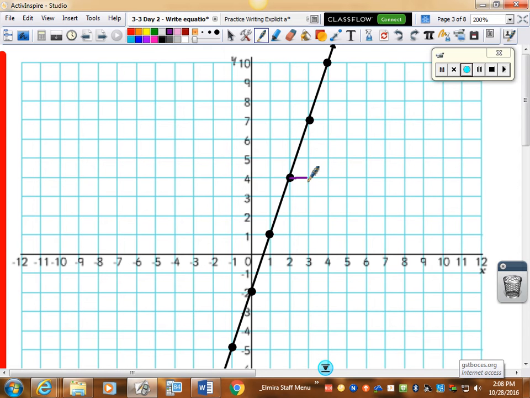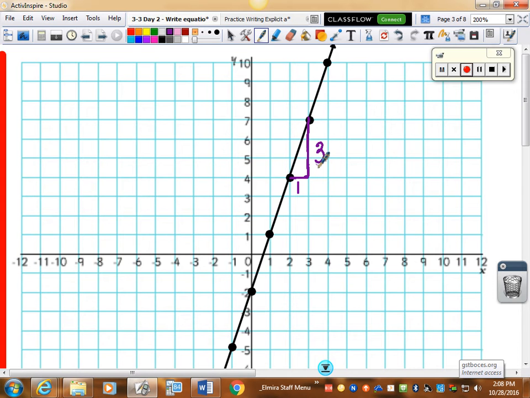We pick any two dots we want and trace the grid lines to make a triangle. It's easiest if you pick two dots right in a row, although I could make a bigger triangle and connect dots that are further apart, but then I'm going to have to simplify. This way I may not have to simplify. Anyway, this is one box side to side and 3 boxes up and down.